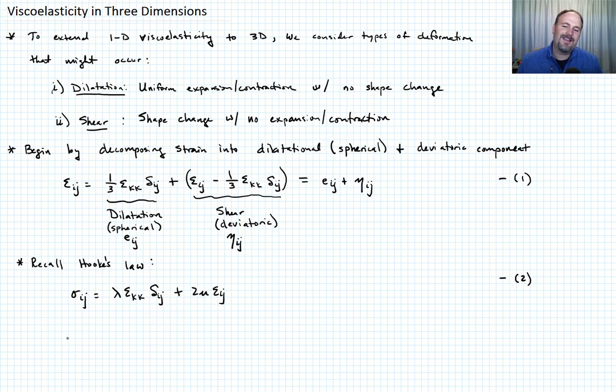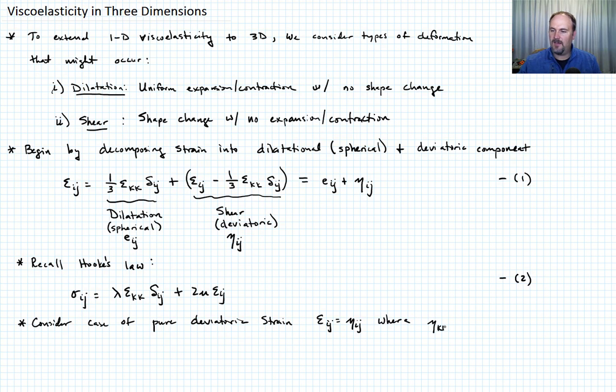Let's go ahead and consider the case now where we have only a shear strain, so a deviatoric strain only. So let's consider the case of pure deviatoric strain, or pure shear strain. We would say that epsilon ij is just equal now to eta ij, where epsilon kk, equivalently, is equal to 0.